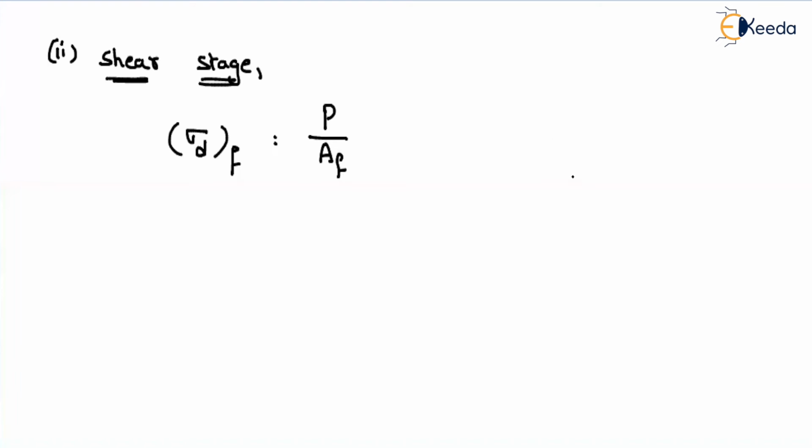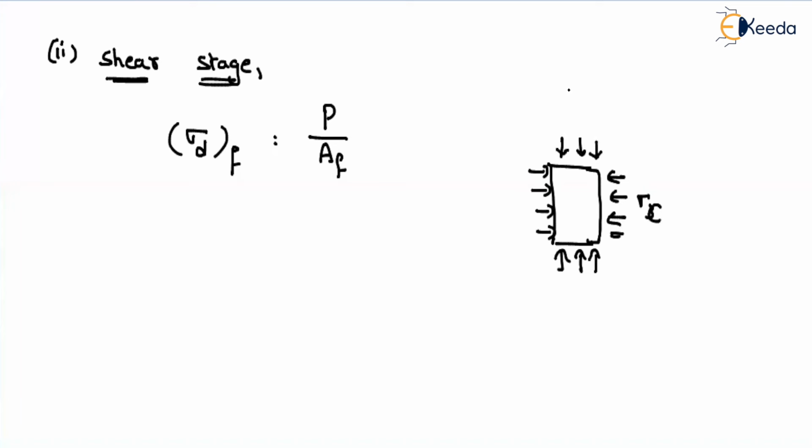Suppose I am talking about the soil specimen. At first, we are applying the confining pressure, let us say of magnitude sigma 3, or as it is a confining pressure, we represent it as sigma c. After that, let us assume that we are increasing the stress along one dimension, that means along the vertical direction.